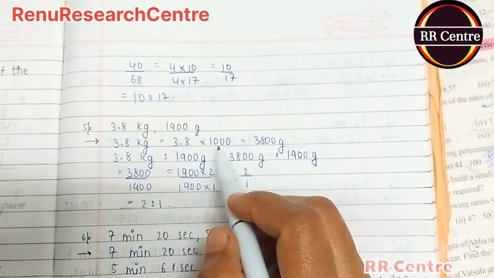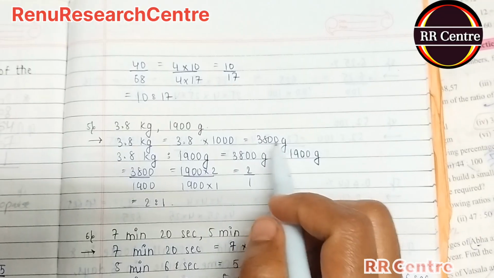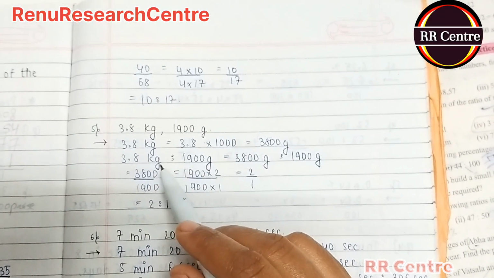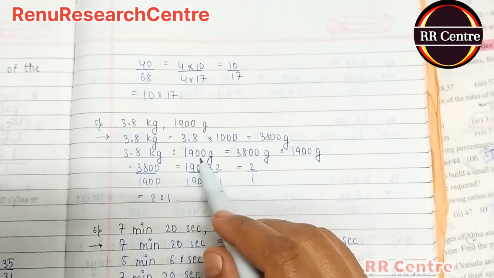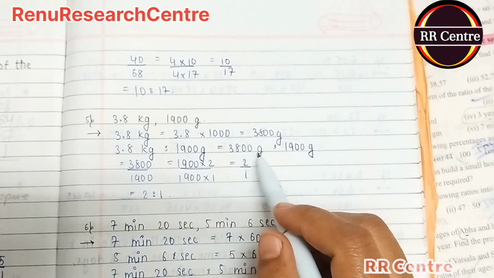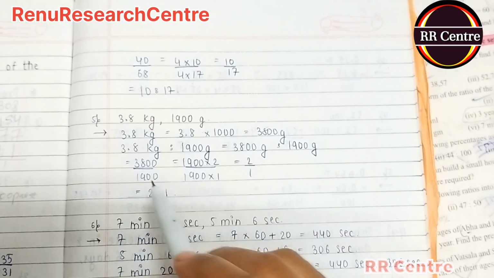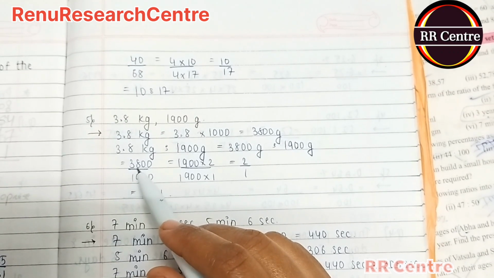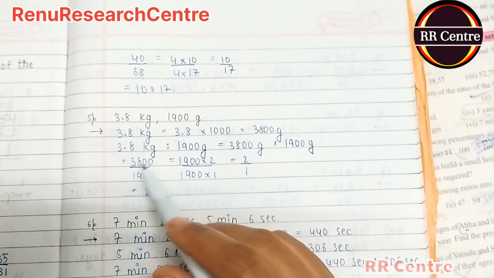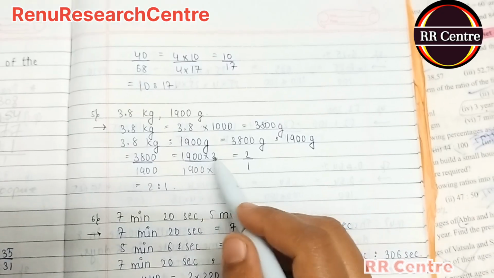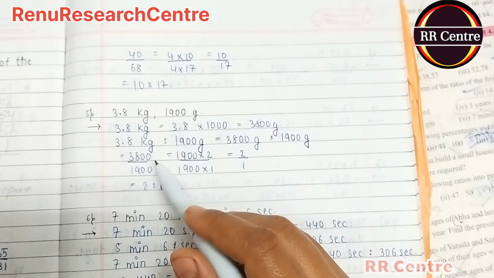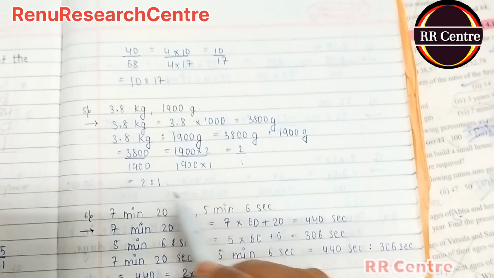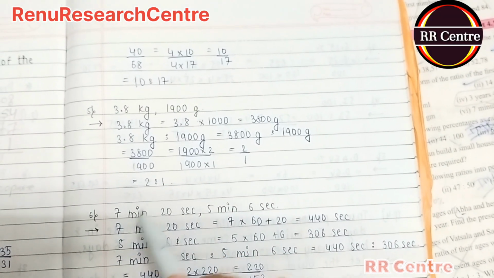So 3.8 multiplied by 1000 is equal to 3800 gram, right. First one and second one: 3800 gram and 1900 gram. Use the ratio form, 0 gets cancelled, and 19 and 38: 19 times 1 is 19, 19 times 2 is 38. If you want to do it like this, you can do it like this, otherwise you can also do it on the basis of direct cancellation. So now the answer is 2/1. So what will come in ratio form is 2:1.